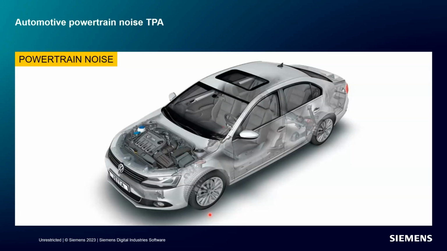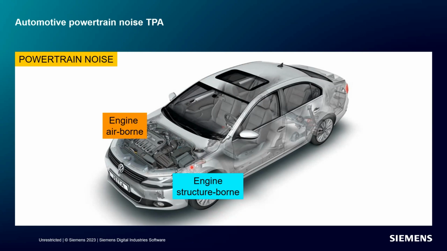Going back to a car example, just to give you an idea of how many potential paths there are, we'd have things like engine mounts that separate the source and the structure, considering the engine to be the source. Then we might have airborne paths off of the engine.